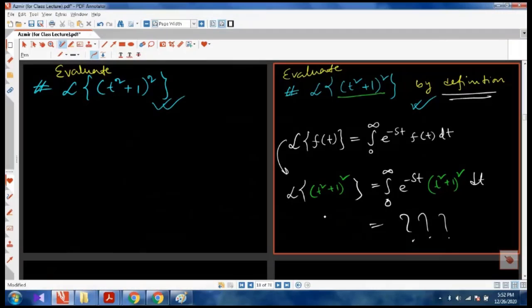So try to be 100% sure that if this type of complicated problem comes in your final exam, it will not be with the definition. Have you understood what I am trying to say?